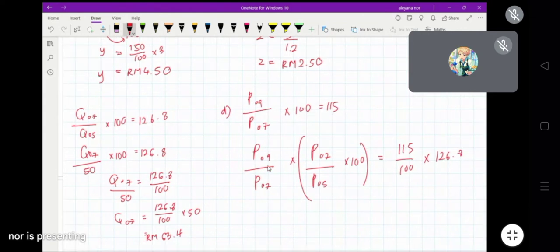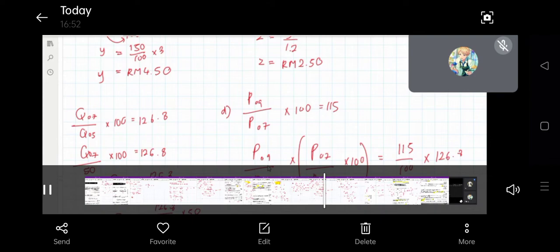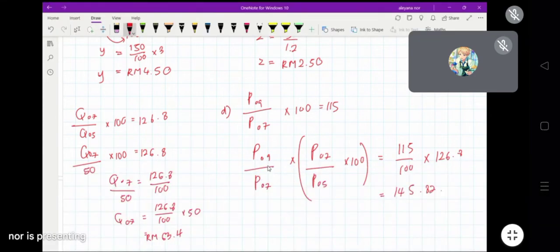This question is actually much more similar to 1A. You can look back at 1A just now. So this is actually a different method.